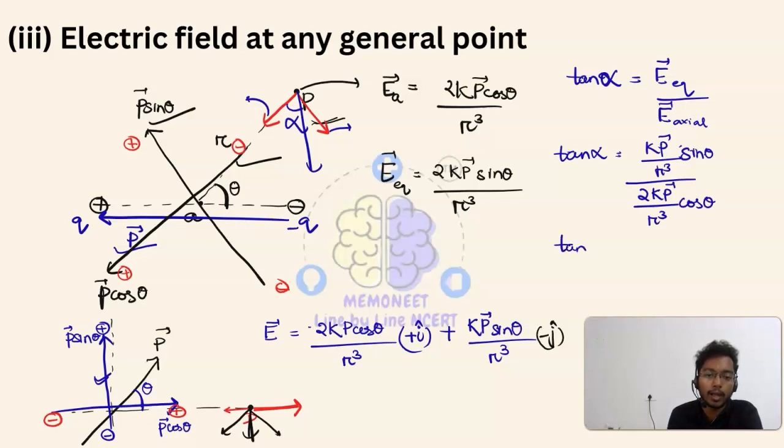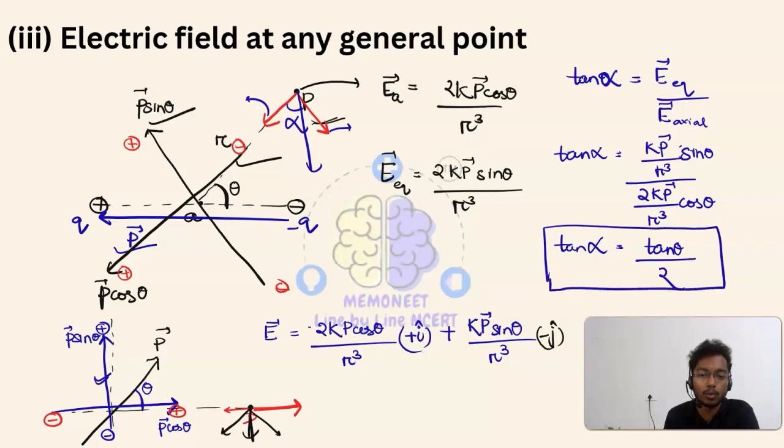So tan alpha is equals to sin theta upon cos theta, that is tan theta upon 2. So the relation is tan alpha is equals to tan theta upon 2. What is theta? Theta is here, and alpha is this. So the relation between these is important, please note this: tan alpha is equals to tan theta upon 2.